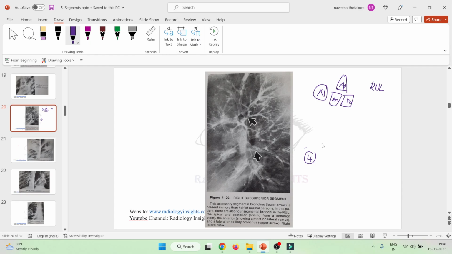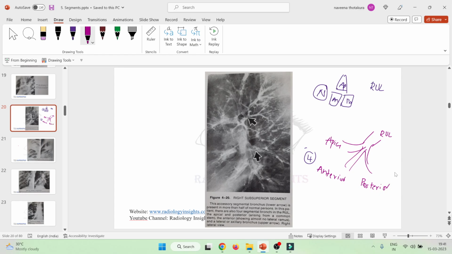So this extra segment is actually called the right subsuperior segment. So that means, we have already seen that normally this is the right upper lobe bronchus. This gives rise to three segmental bronchi. We have apical segmental bronchi, anterior segmental bronchi, and posterior segmental bronchi.